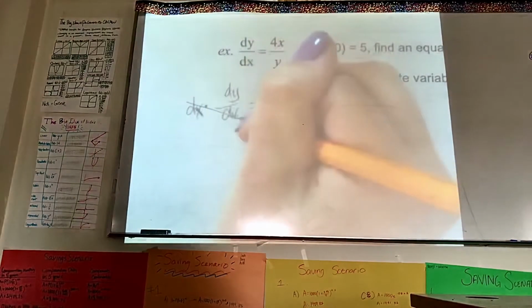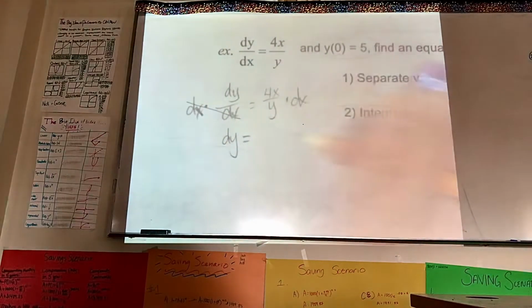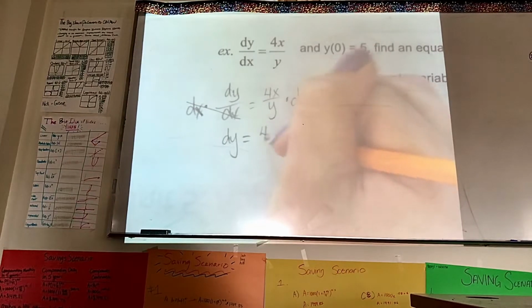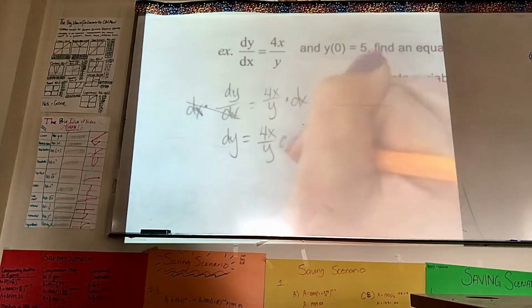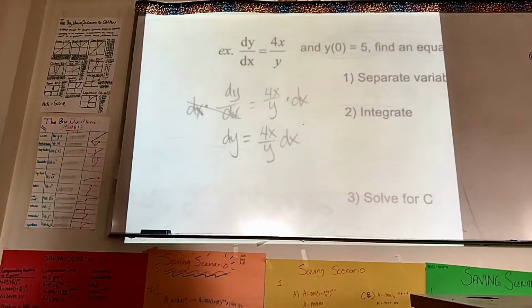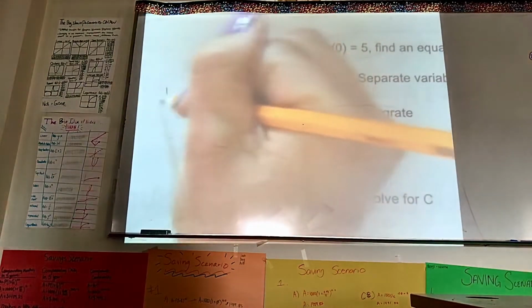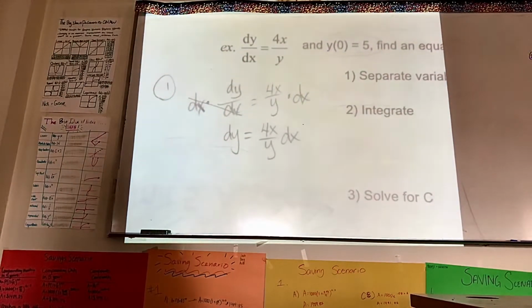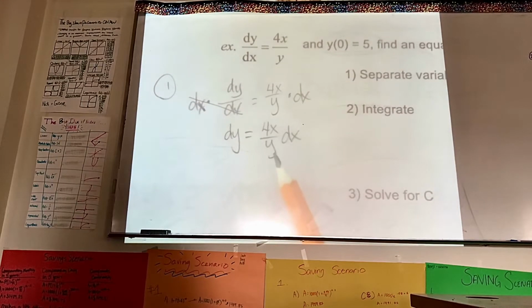Okay, so that cancels, so I have dy equals 4x over y dx. This is step 1 for those keeping track. Do I have all my y's on the left and all my x's on the right? Not yet, because I have a y stuck on the right. So to get it gone from the right, and it's going to pop up on the left, I multiply by y on both sides.